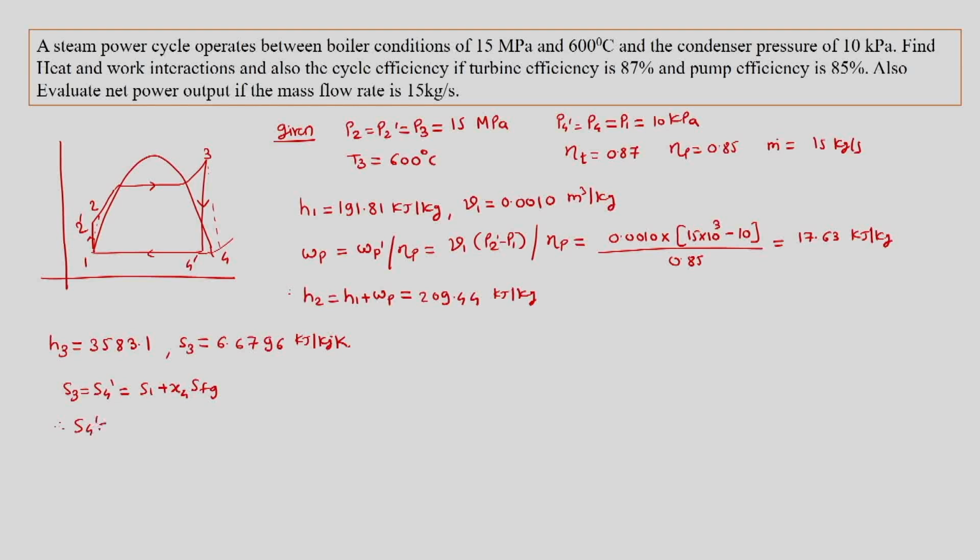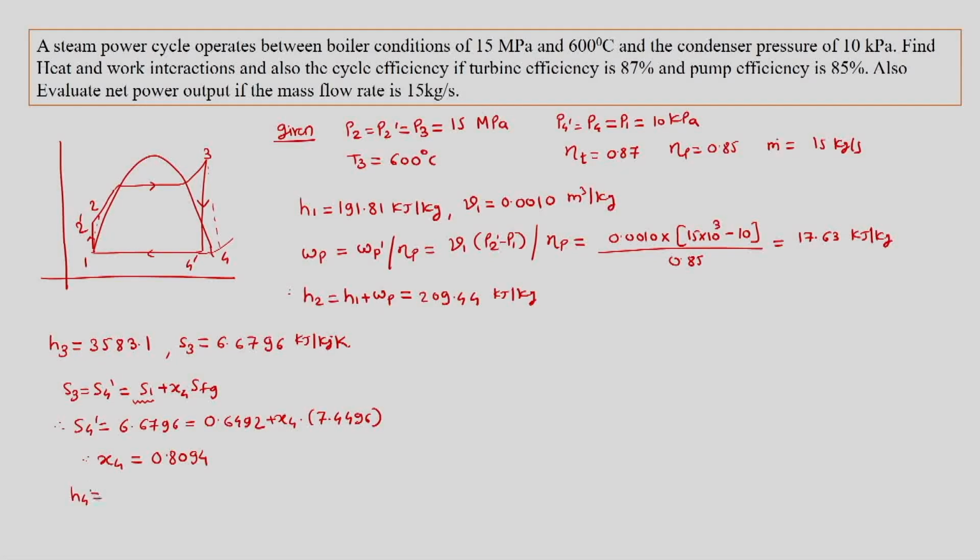So we have S4 dash, which is 6.6796 is equal to S1, again from steam table 0.6492, corresponding to liquid saturation entropy at 10 kilopascal, into SFG is 7.4496. So we get X4 is equal to 0.8094.